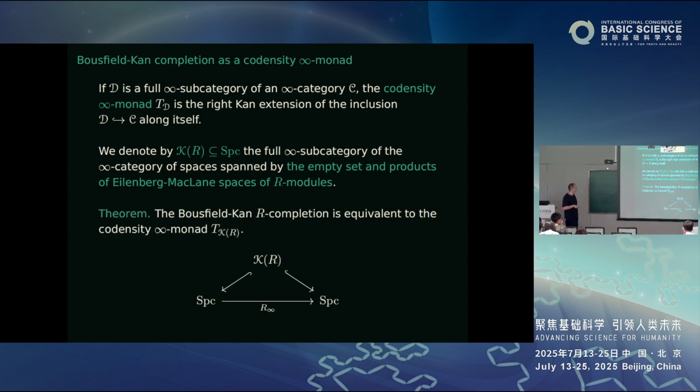And our main result with Emmanuel is that this Bousfield-Kan R completion is the codensity infinity monad of this subcategory. So what is the main point? Originally this Bousfield-Kan completion was defined by some very explicit construction.